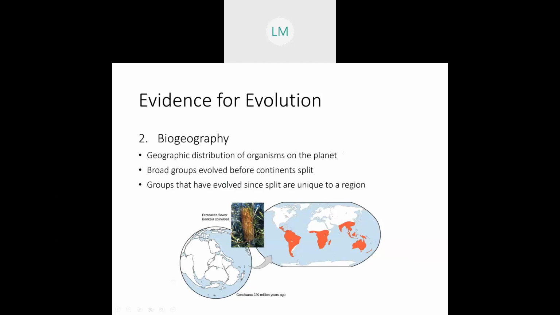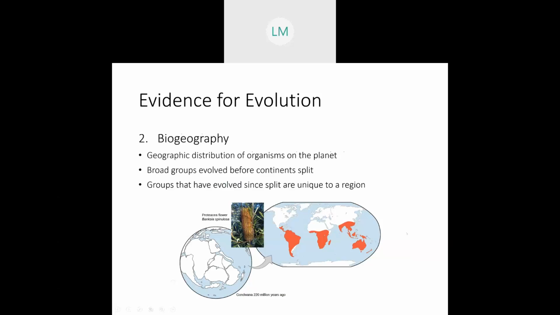It is almost impossible for an organism to spread its range across an ocean, right? If you have an organism over here, it's going to be virtually impossible for that organism to naturally get to this other continent. So this flower evolved when all of these continents were still pushed together.